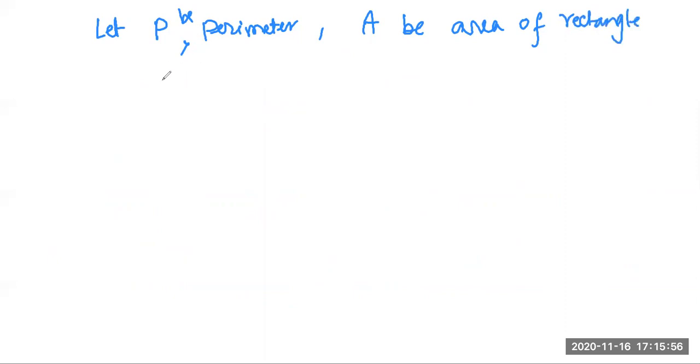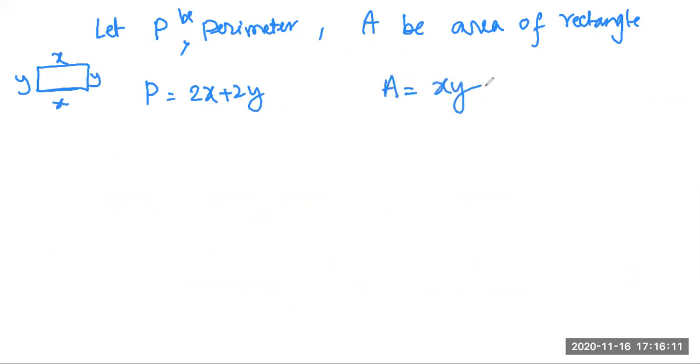So we know perimeter P is equal to 2x plus 2y, because when you take a rectangle, this is y, this is x, this is also y, this is x. And the area is x multiplied by y. So he is asking what dp by dt is, and he is also asking dA by dt.